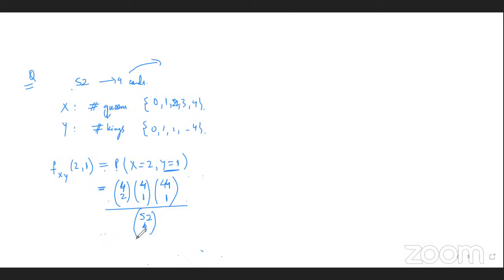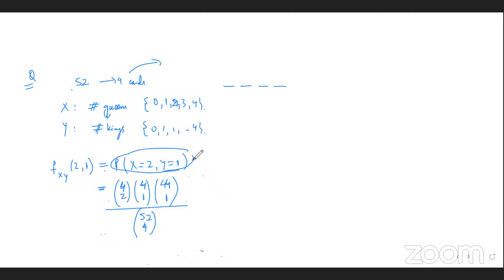Ma'am, I have a doubt about how you selected 44 choose 1. You have selected 4 cards out of 52 cards. You wanted 2 queens and 1 king.